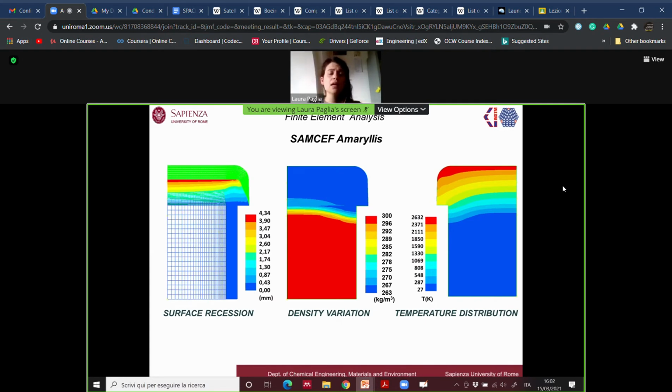In this case, you can observe simply the rebuild of a test in a plasma wind tunnel facility of a sample manufactured by our research team. And in here you can observe that thanks to the finite element software, we were able to estimate the surface recession of the material, the density variation, which is very important to understand the deepness of the pyrolysis layer, and also the temperature distribution inside the sample.